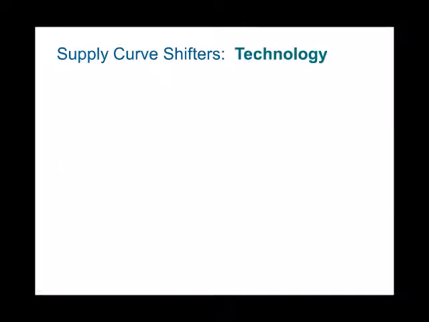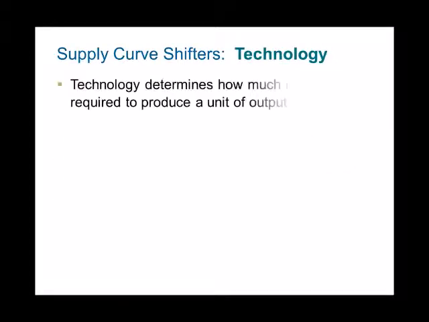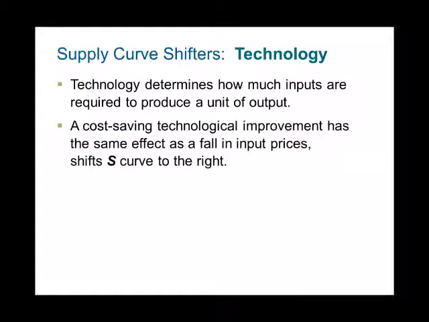Now let's look at another factor, technology. Technology determines how we produce the product, so how our inputs are converted to outputs. If we introduce a cost-saving technology, for example, before, the coffee shop used to grind coffee beans manually by hand, and now they got a machine to grind the coffee beans.